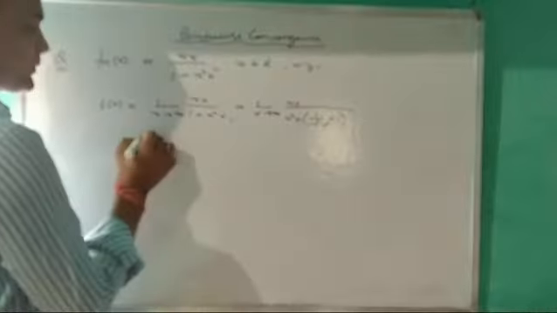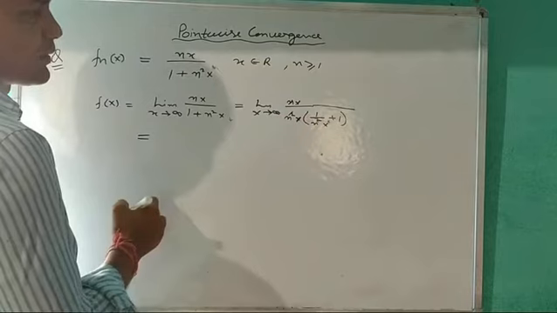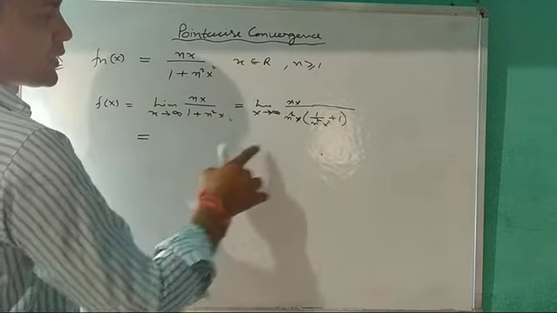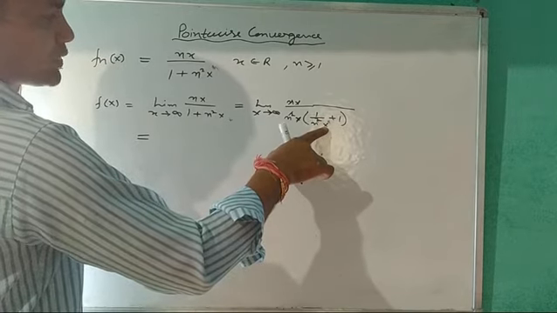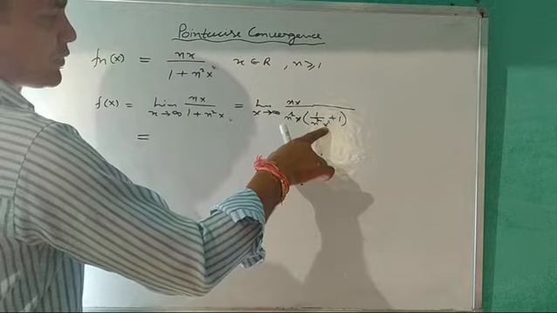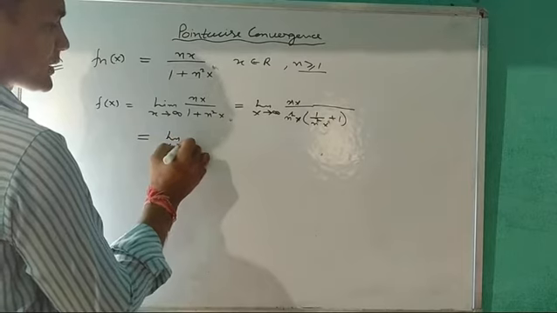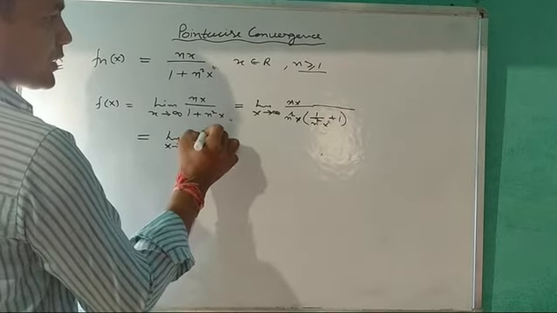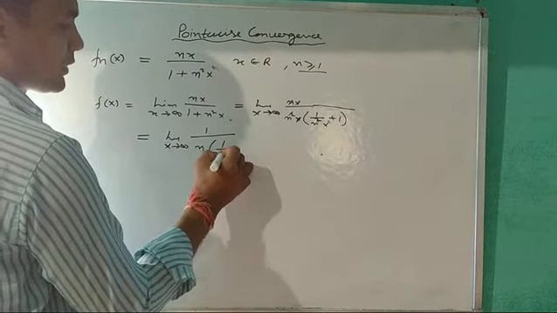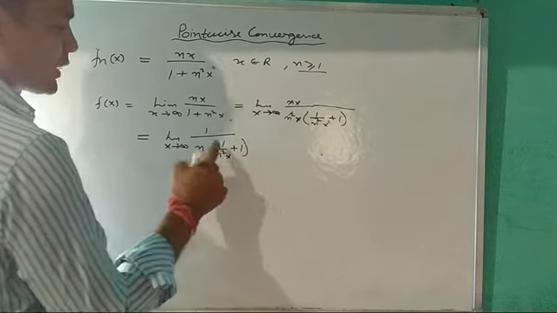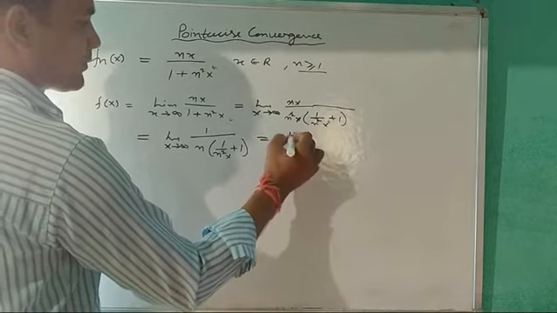We can cancel out, and when x tends to infinity, 1 upon x equals 0. Limit x tends to infinity, 1 upon n and 1 upon n square x plus 1. When x tends to infinity, then it is equal to 1 upon n.